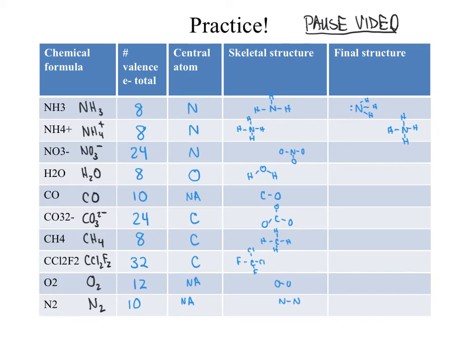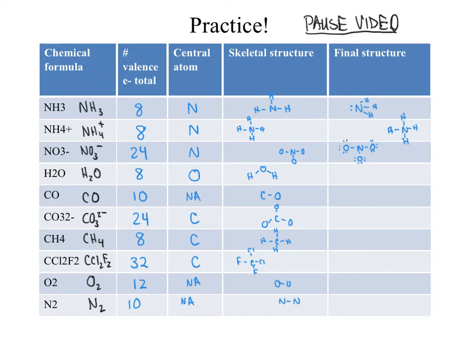All right, so for the nitrate, I have 2, 4, 6 that I've used. 24 minus 6 gives me 18 more electrons that I need to put on. So let's start putting those in pairs around the outside atoms. The outside atoms are oxygens, so I'm okay to put pairs of electrons around those oxygens. 2, 4, 6, 8, 10, 12, 14, 16, 18.